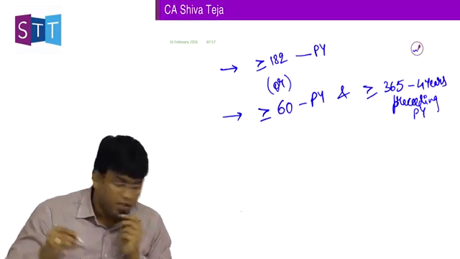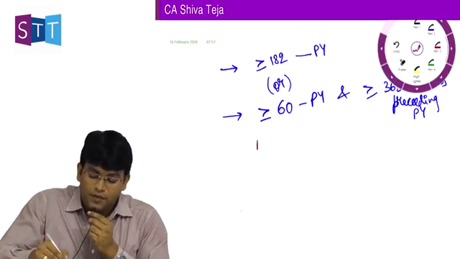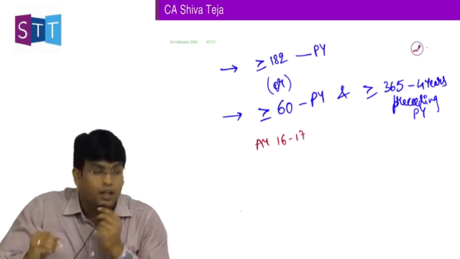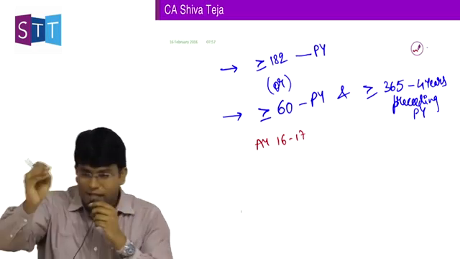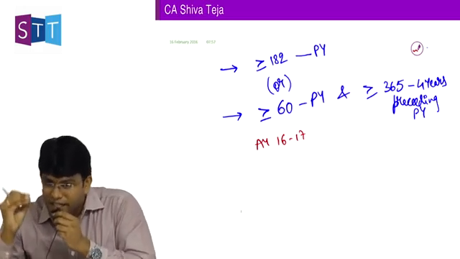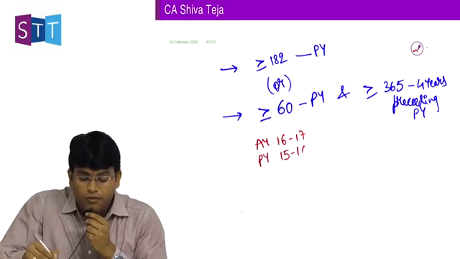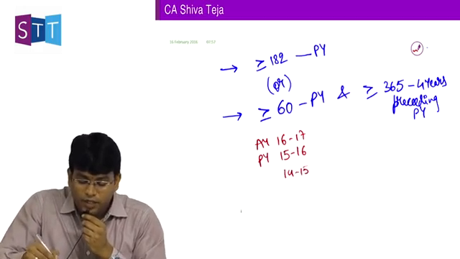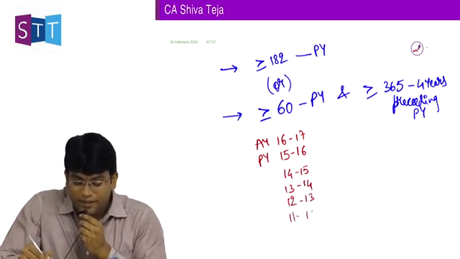Let me take a small example. If the assessment year is 16-17, for your exam, AY 16-17 only is applicable. The previous year is 15-16. Four years before that are 14-15, 13-14, 12-13, 11-12.